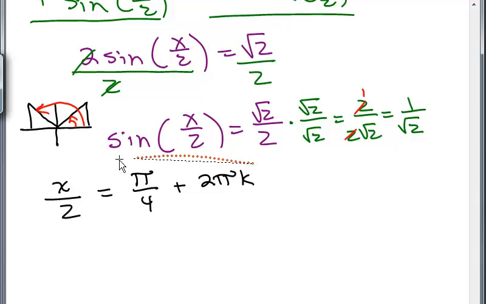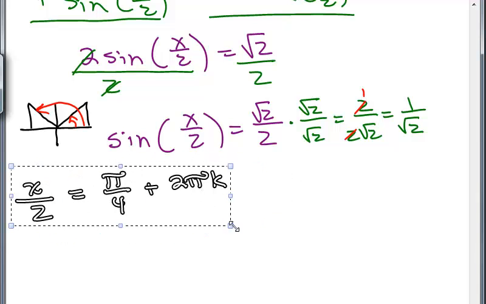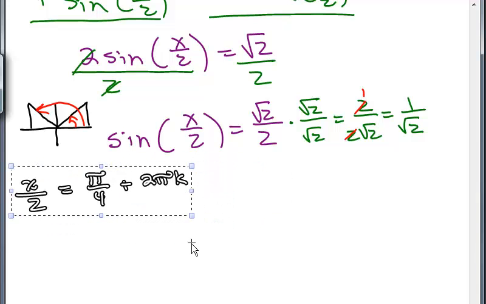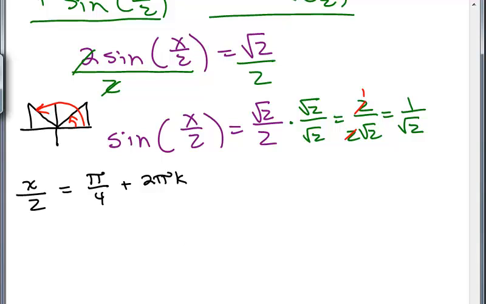I'm going to make this a little bit smaller because we also have, what else? What's this one over here? That's 3 pi over 4. And again, all the multiples.